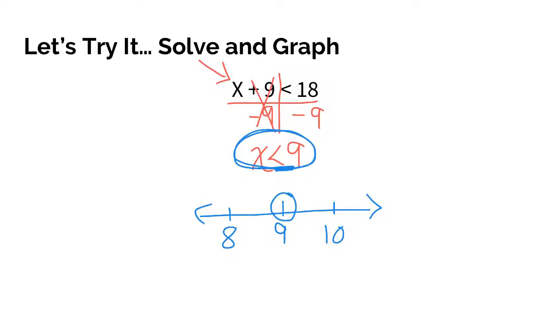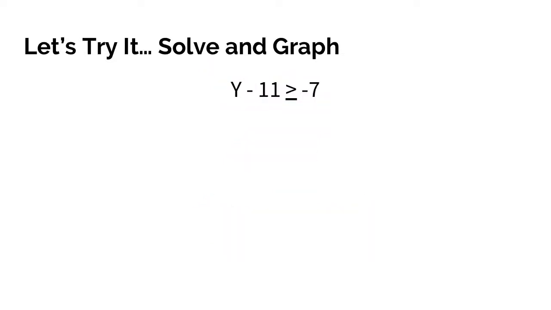It's everything less than, but not including. So my circle needs to be nice and open. And of course, I want to be pretty obvious which way on the number line I am coloring in. Pause me while you work this one out and graph it and when you're ready for checking, come back.